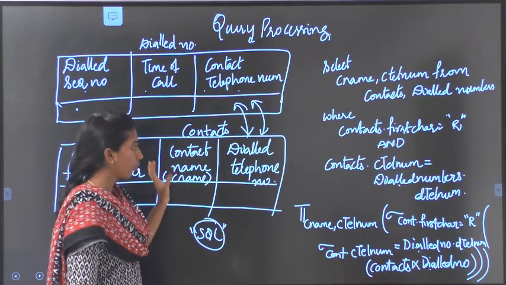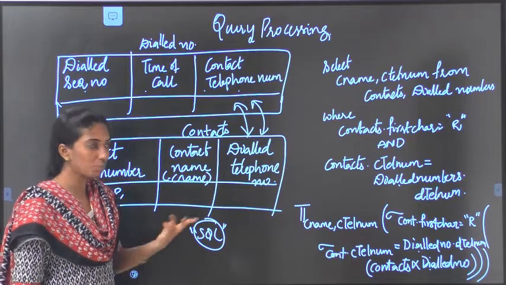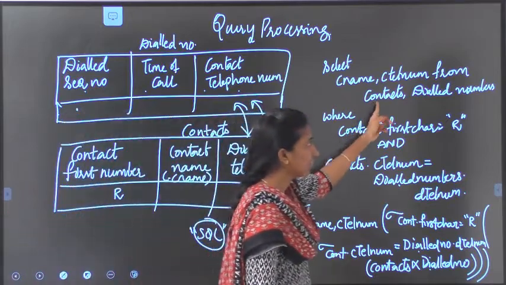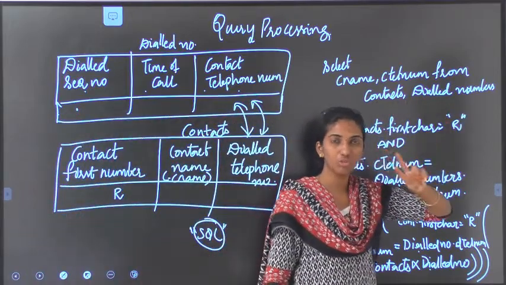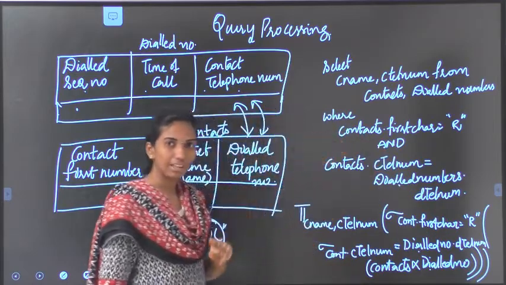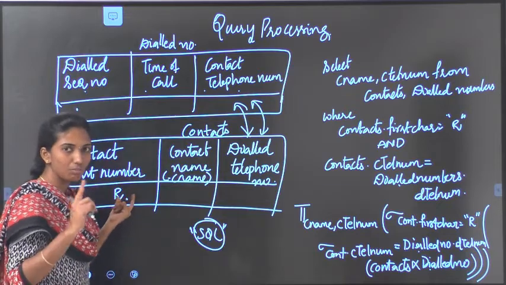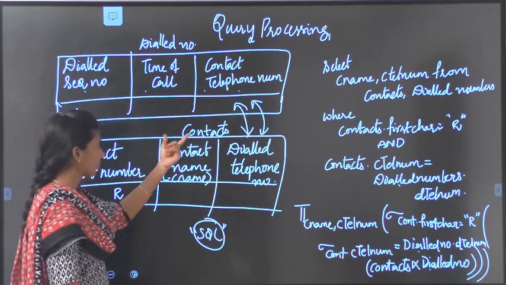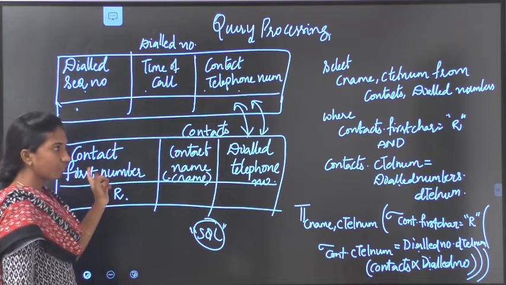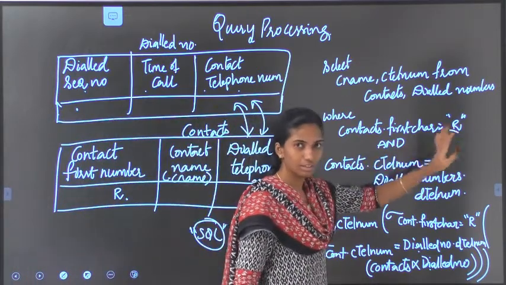That means I am working on two tables, so we need to specify contacts comma dial numbers. Where, what is my condition? My main condition is that the first character should be R. So contacts dot first char equal to R, right?